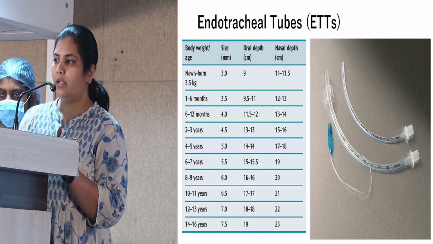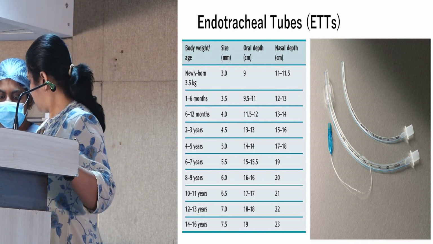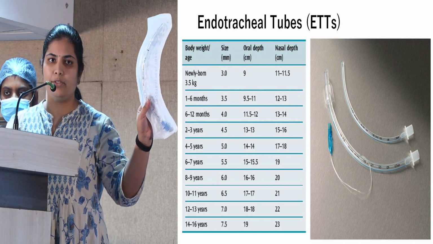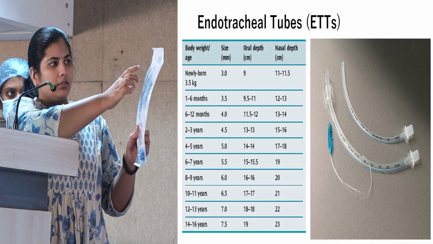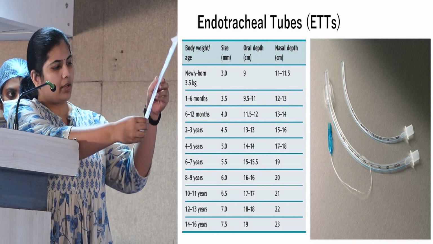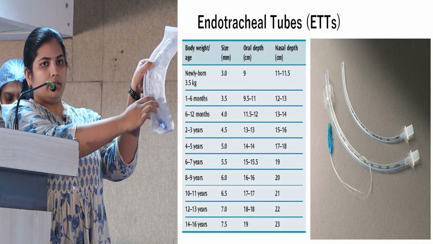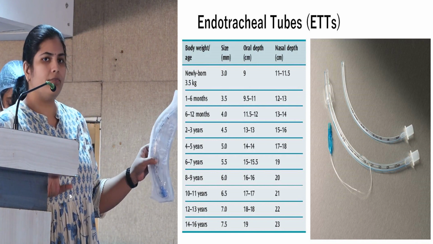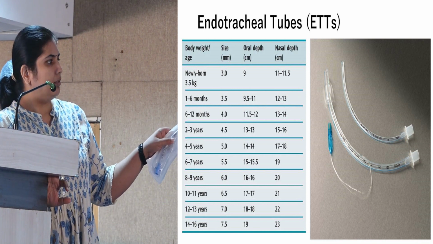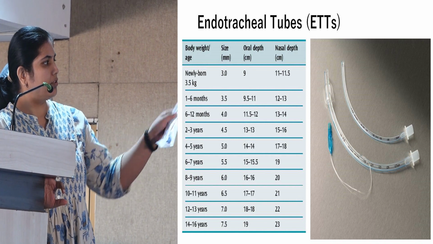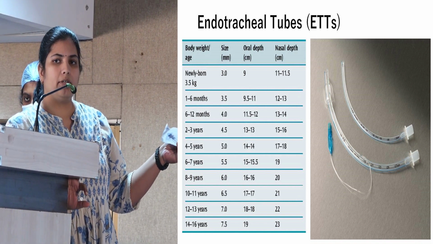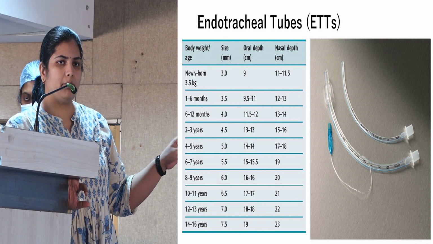First, about endotracheal tubes. This is a cuffed endotracheal tube, which has a cuff and a pilot balloon, and the one on the right is a non-cuffed endotracheal tube, which is used for pediatric patients.